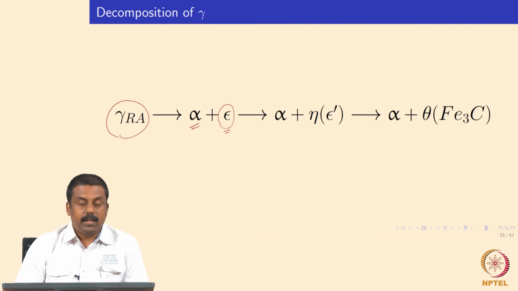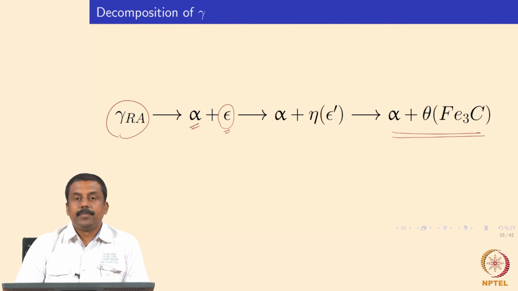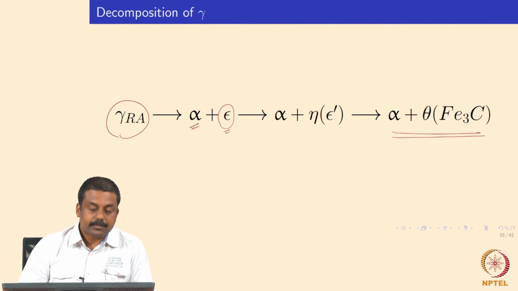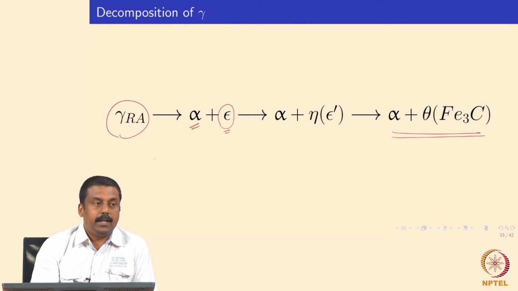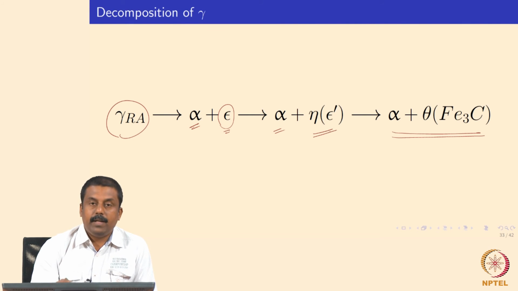So when retained austenite is heated up to higher temperature, it is transforming into ferrite and transient carbide mixtures, and ultimately leading to the formation of the equilibrium structure, which is ferrite and cementite. So the retained austenite is decomposing into a ferrite and epsilon carbide mixture, and then subsequently you may expect ferrite and eta carbide, and then ultimately the ferrite and eta carbide mixture will change into a ferrite and cementite mixture.